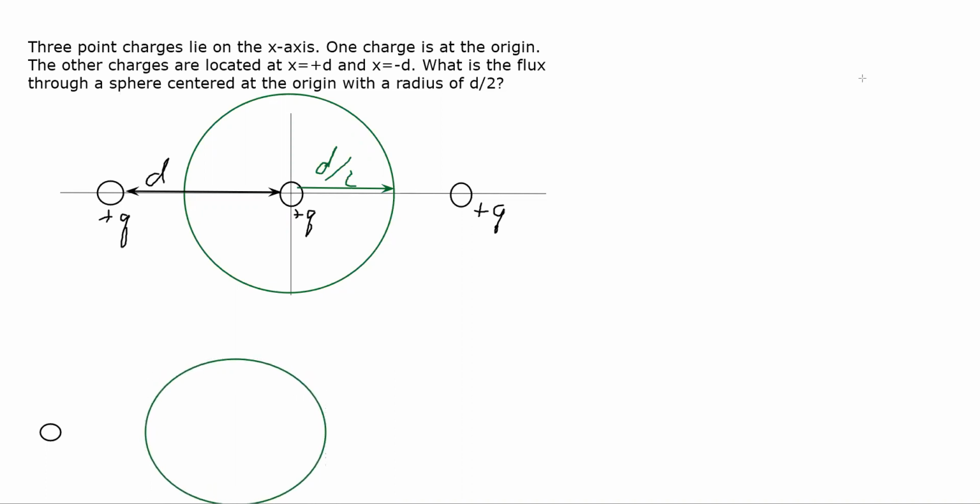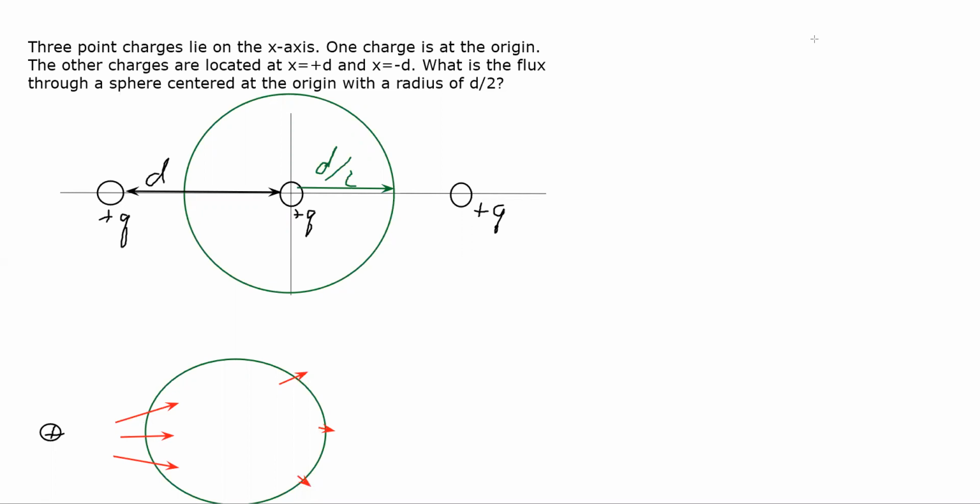Okay, so I have this positive charge off to the side here. And that positive charge is giving off an electric field. Okay, so that electric field is going to be going through this surface, like this. Okay, and it continues through that surface, like that.